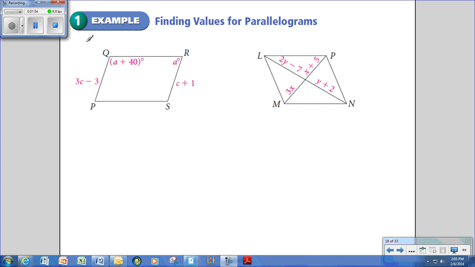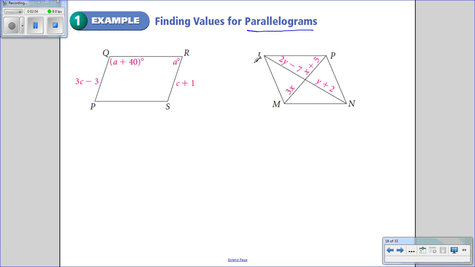So our first set of examples, we are trying to find the values of these variables for each parallelogram. So they're telling us that we have parallelograms. All right? So opposite sides are congruent. Opposite angles are congruent.